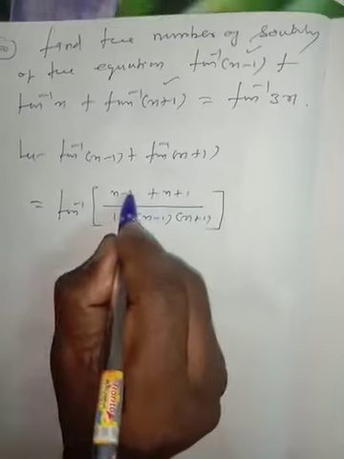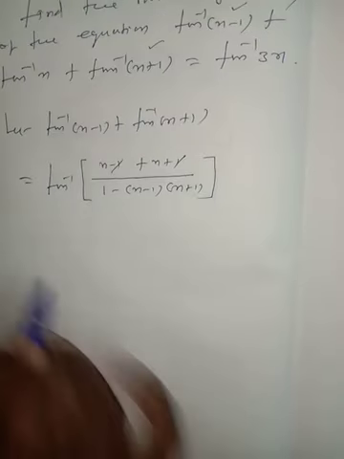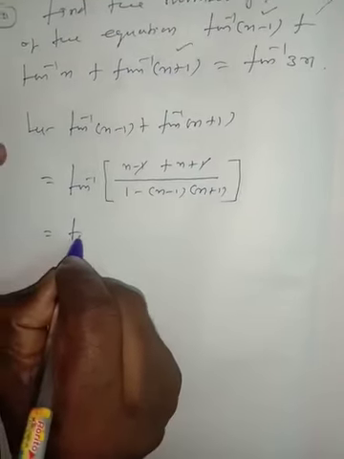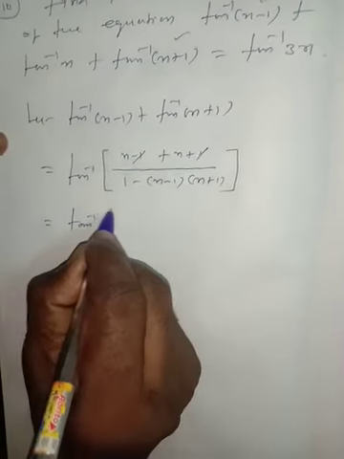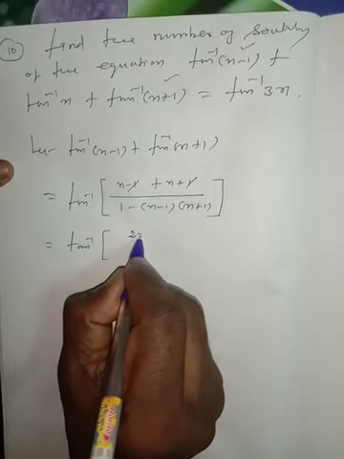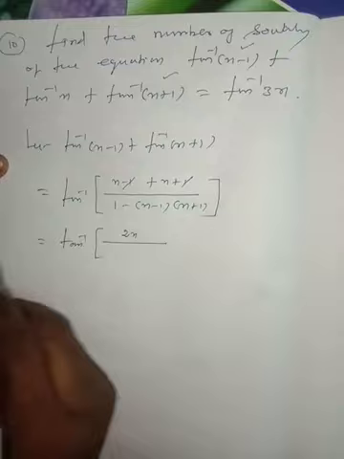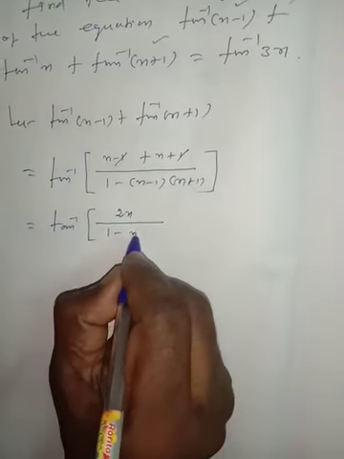Now the numerator plus 1 minus 1 cancel, so it is equal to tan inverse of 2x divided by 1 minus x square minus 1.